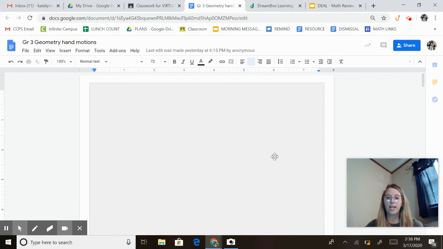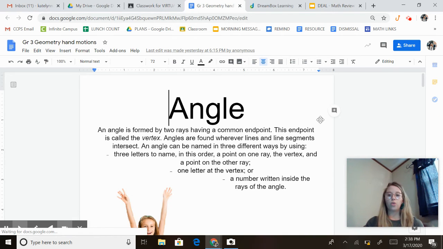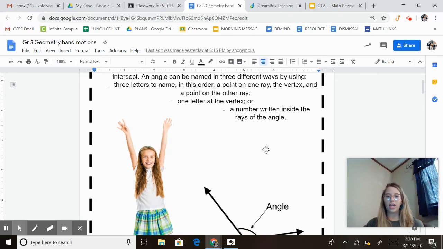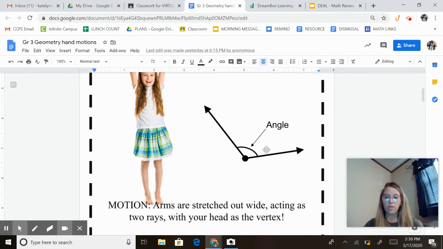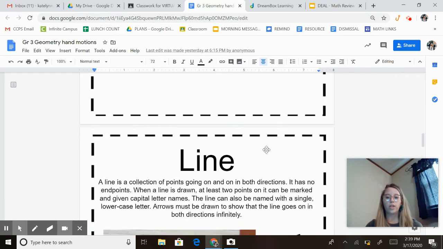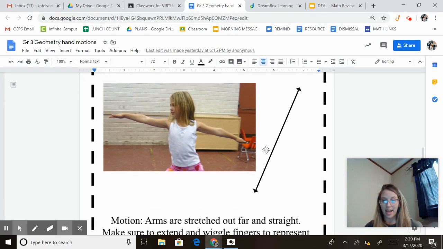So here, once it loads, you are going to have angle. Ooh, yep, angle. So you can do your hands like that to show an angle. You have point, right? So show a point using this hand signal. You can do a line, like this friend here is doing, to show what a line is.